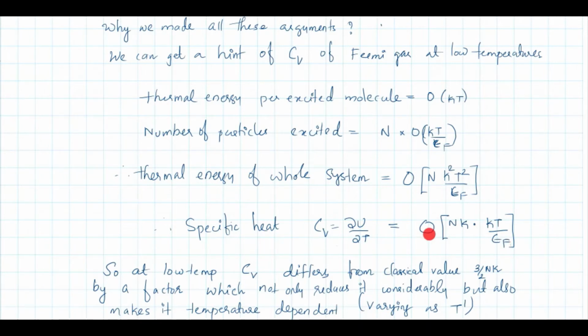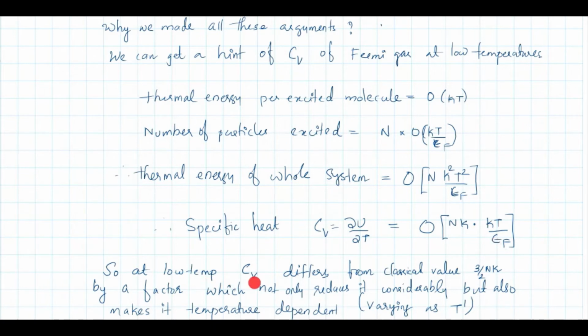The classical value of specific heat is 3 by 2 Nk, and instead of 3 by 2 you have here kT by EF. And you know that kT by EF is very small, because kT, the width, is small compared to the Fermi energy.